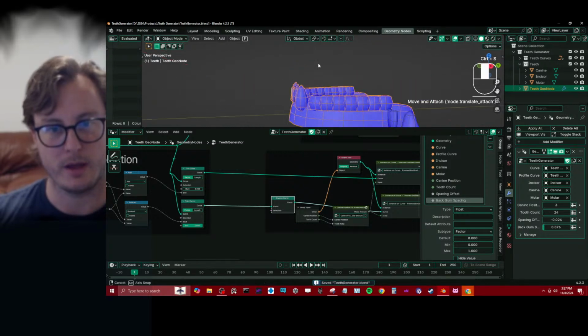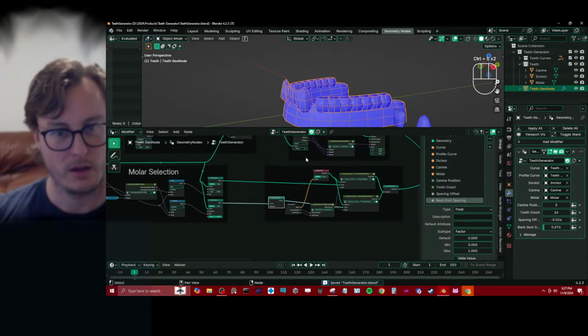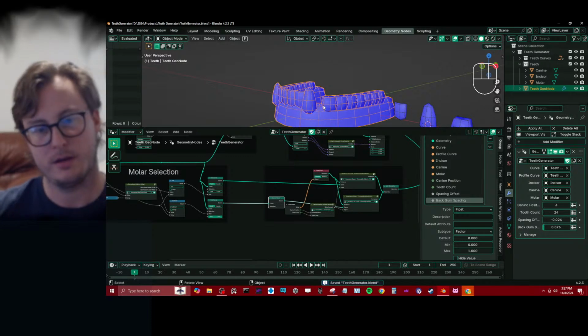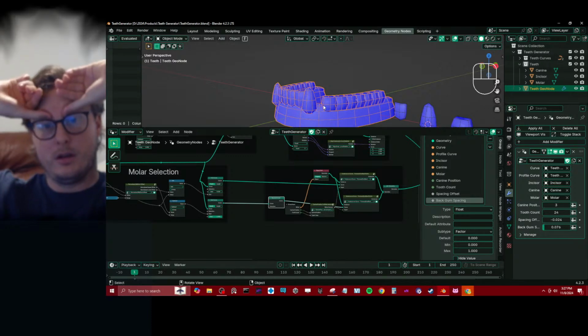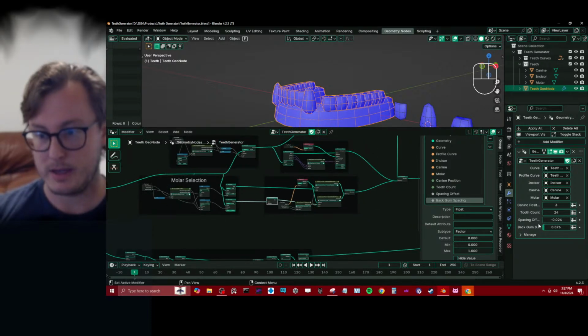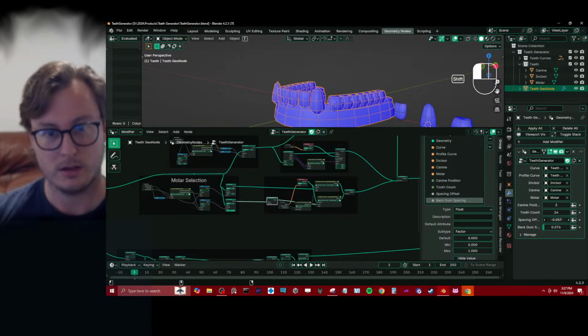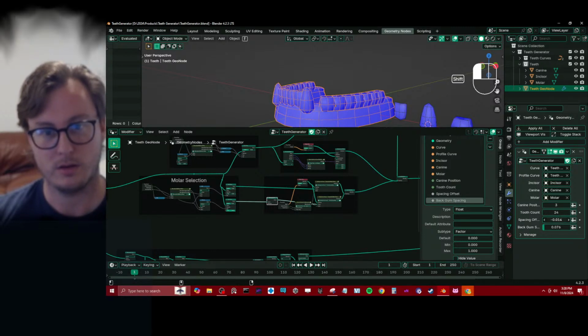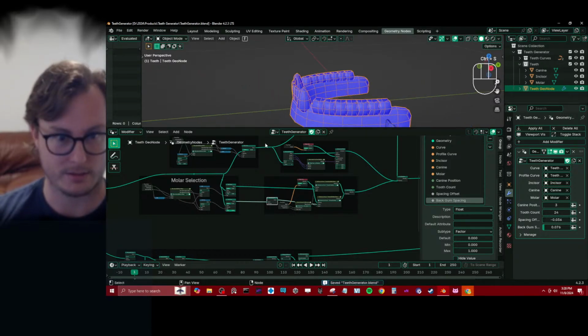More to do with that later, but okay. So we can adjust the spacing here, which is nice, I guess.